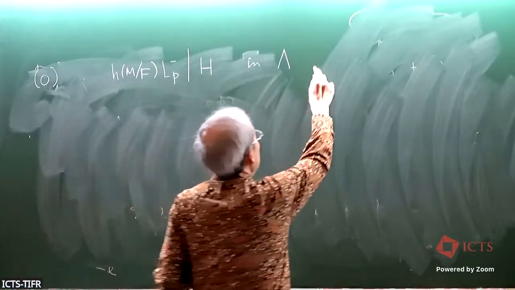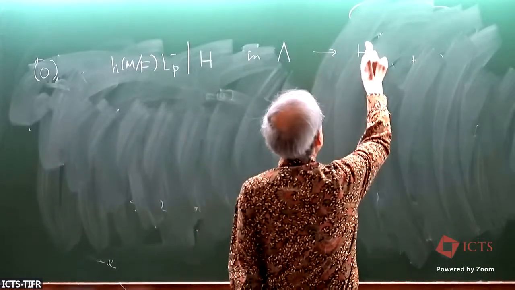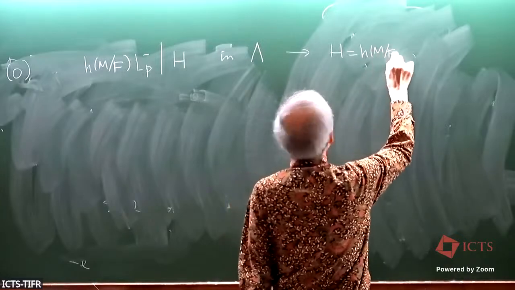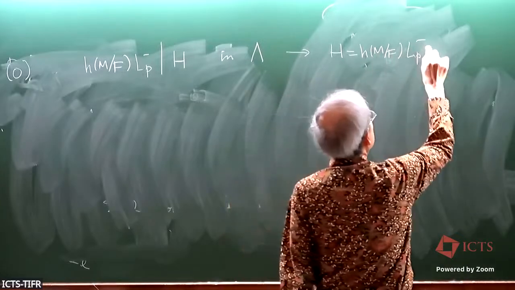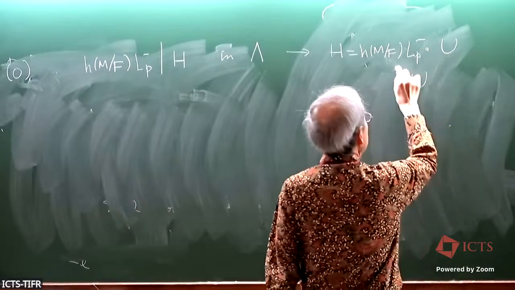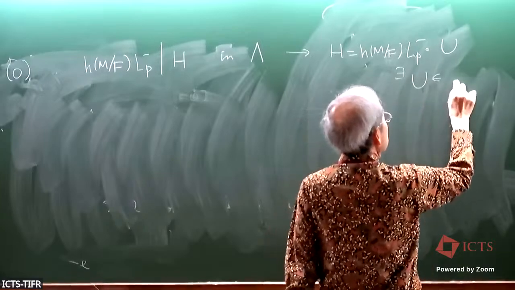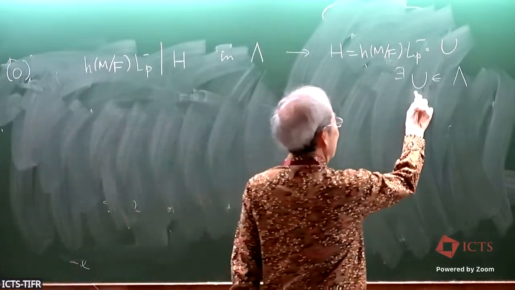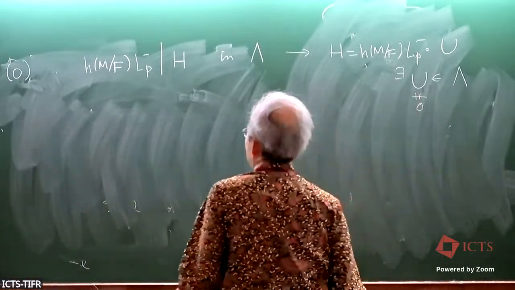So I have written that H is equal to HMF LP minus times U with some U in lambda, not zero. Okay?